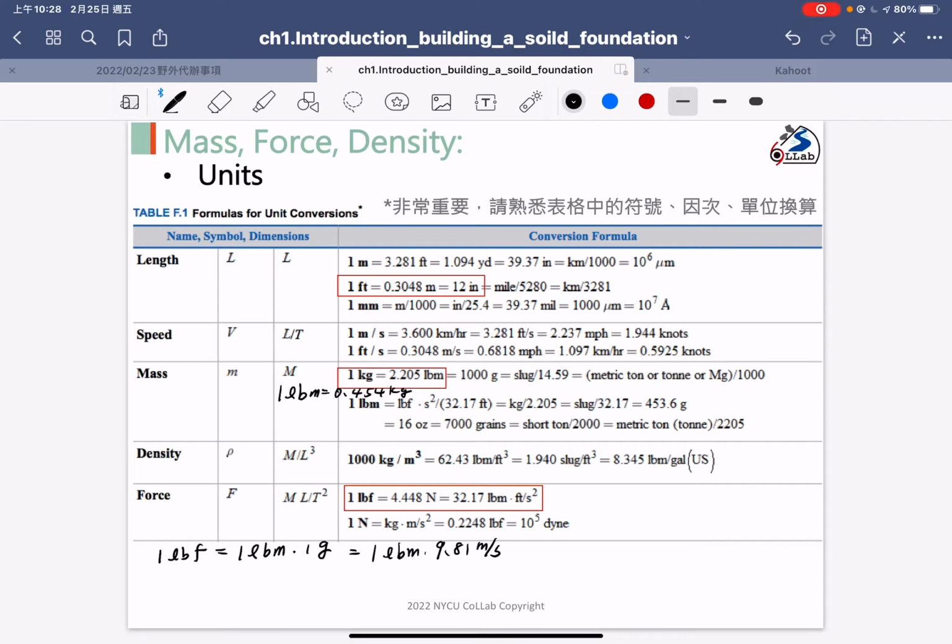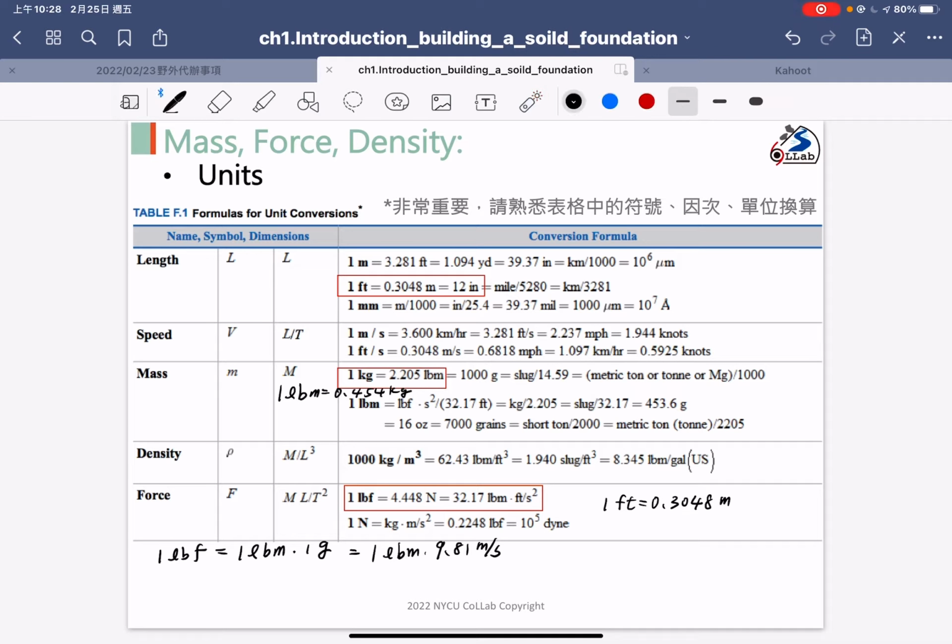The unit is not consistent, so I need to convert to the English unit. As you can see, we know that 1 ft is equal to 0.3048 meters. So I can convert the meters shown here to ft.